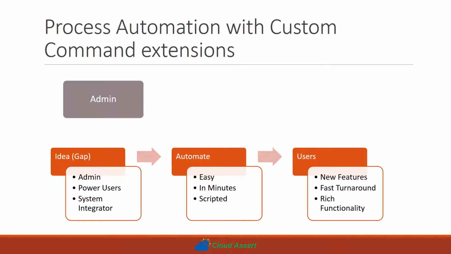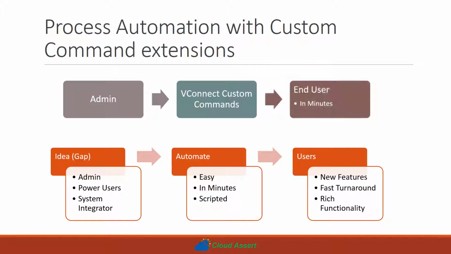So the way to accomplish this through vConnect, you log into the admin portal, create a custom command, attach a script, and then in a few minutes, the end users are able to use these new features that you just thought about.